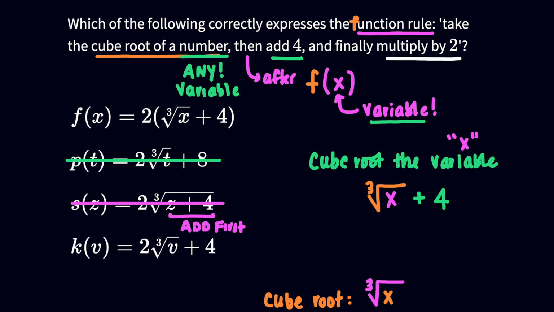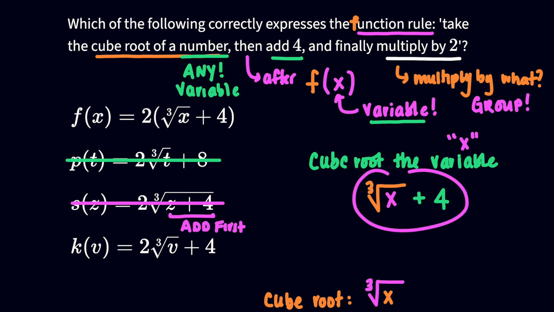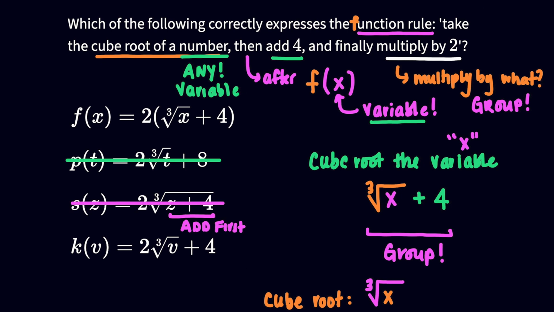But now the idea is multiply what? By 2. Yeah, you're right. The whole thing, what we've been working up to, the whole group. And the group that we've been working up to here is the cube root of x plus 4. Now, if I want to group this whole thing, I must use a certain type of notation.